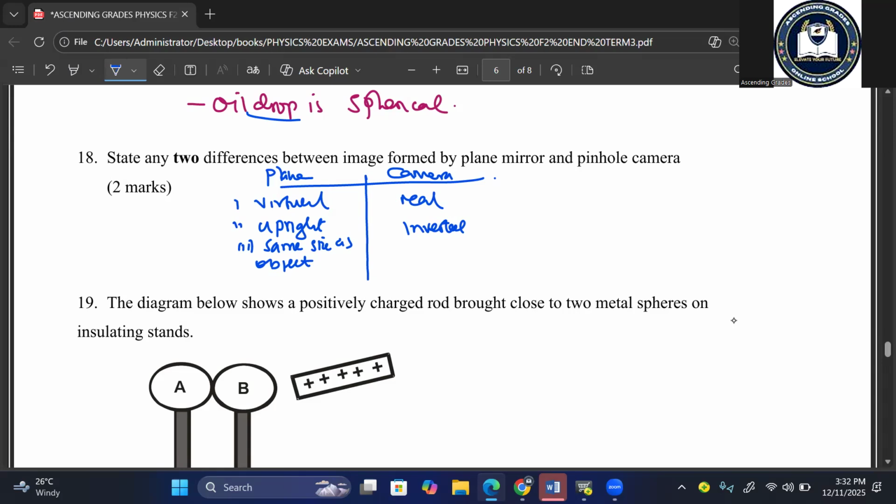And this other side is varying. It varies depending on the object's distance.